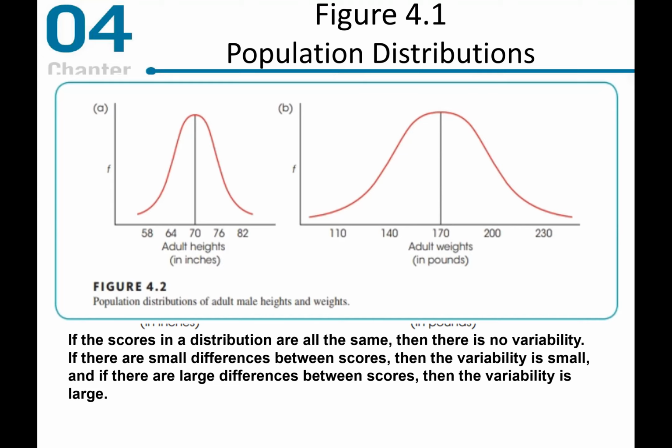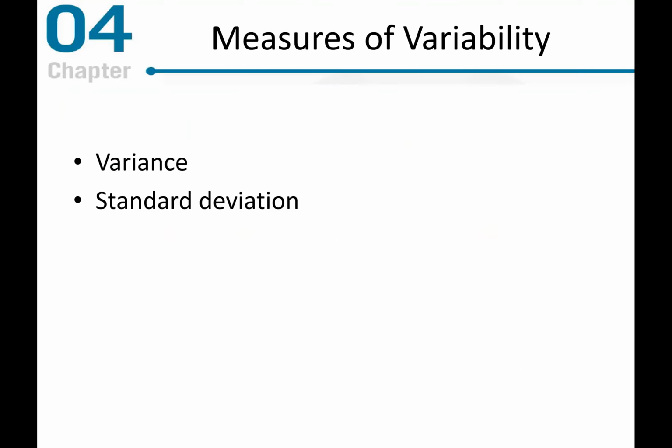And if there are large differences between scores, then the variability is going to be large. So we're going to talk about two measures of variability. One is called the variance, and the other is called the standard deviation.